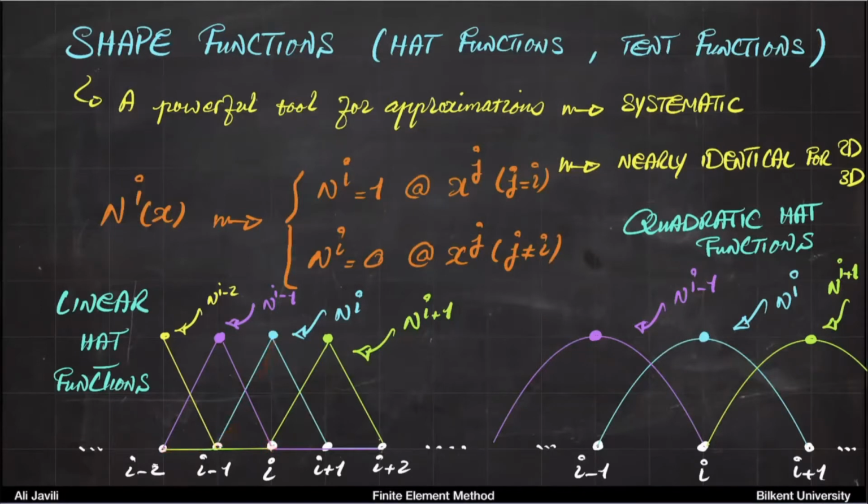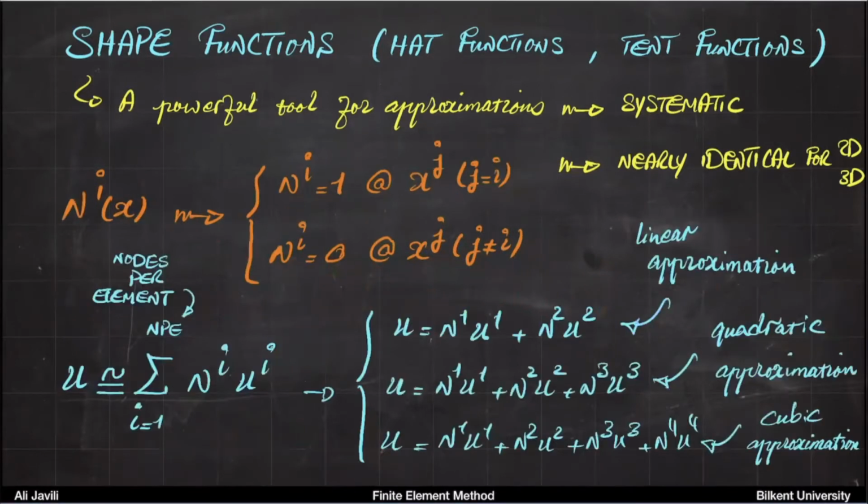So this weighting is also associated with the name Galerkin. So it's like a Galerkin weighting of the approximation. It is essentially a method, or a way of approximation.